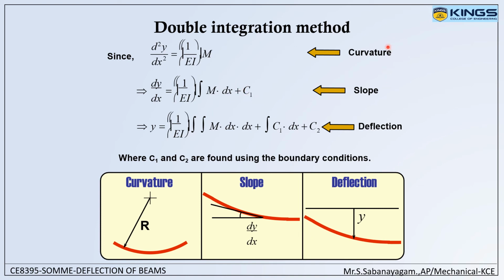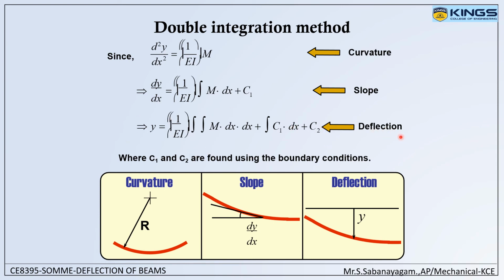So integrating the curvature relation we will get a slope, and integrating again the slope equation we will get the deflection, that is y is equal to 1 by EI double integral of M dx, that is integral of M dx will become double integral of M dx into dx plus c1 dx plus c2, the second constant, on integrating the slope equation, which provides the deflection of a particular beam.